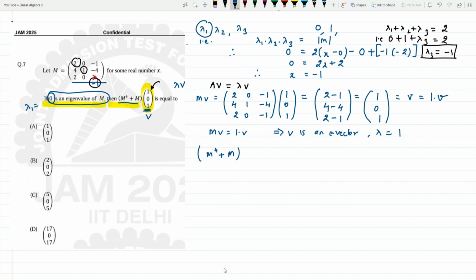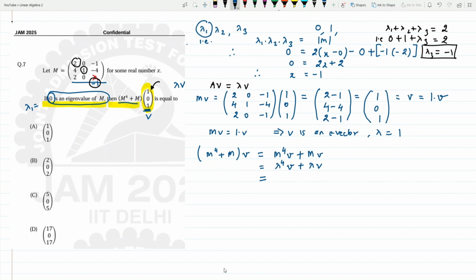We need to find M raised to 4 plus M times (1, 0, 1), which is v, and see which of the four options it is. By the properties, we know that this addition is linear, so this is going to be M raised to 4 times v plus M times v. Since v is an eigenvector corresponding to lambda equal to 1, M raised to 4 times v can be written as lambda raised to 4 times v, and M times v can be written as lambda times v.